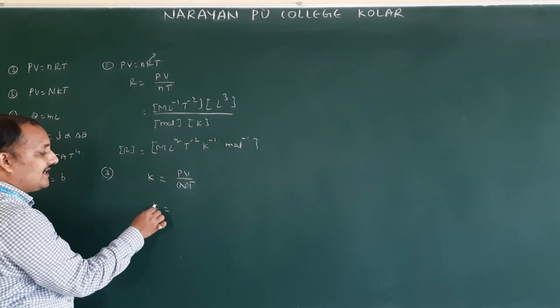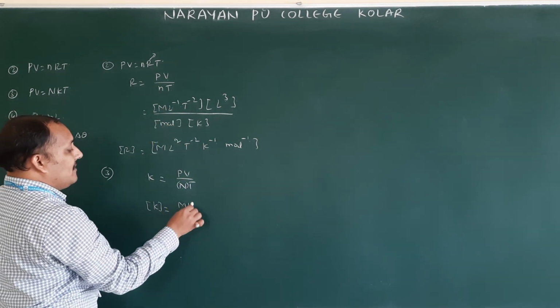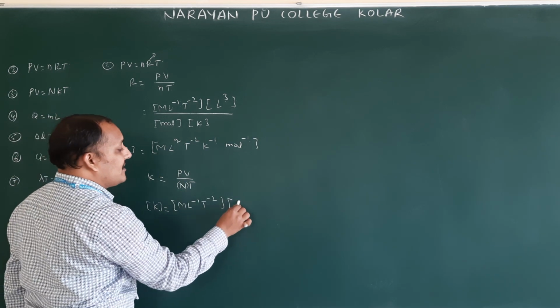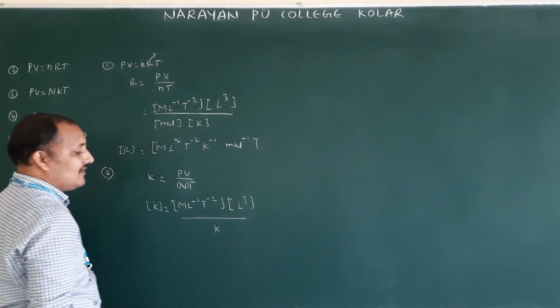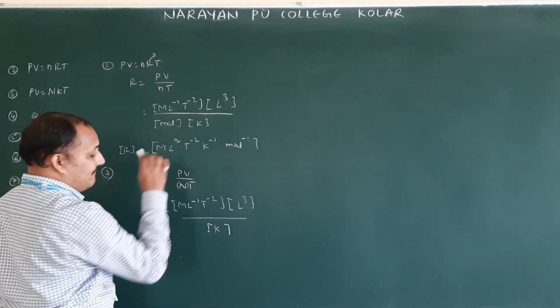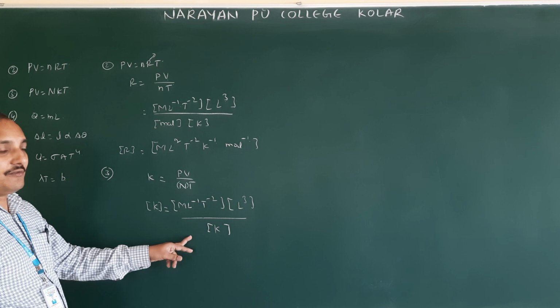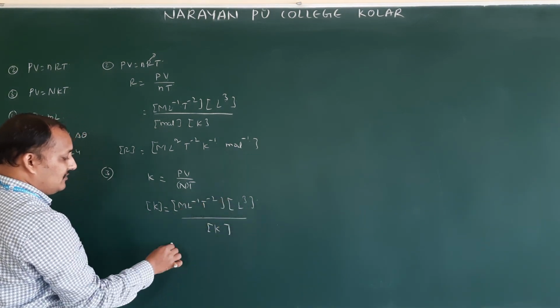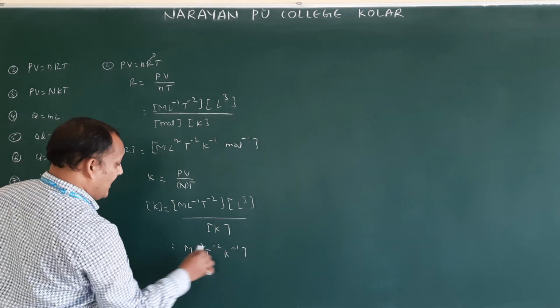So Boltzmann constant k is equal to pressure dimensional formula M L power minus 1 T power minus 2, volume dimensional formula L cube, divided by temperature dimensional formula K. Same as before; here mole was there, here number, therefore we are not writing anything, 1. So this K goes to the numerator, 3 minus 1, 2. So M L square T power minus 2 K power minus 1.